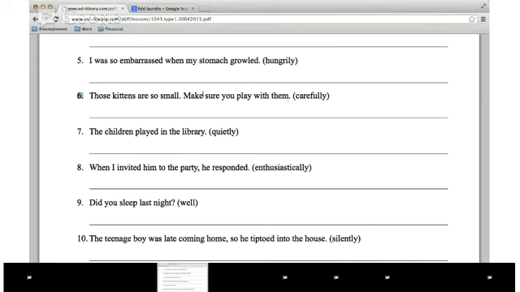Now you can also say, make sure you play with them carefully. So carefully can also go after them, the indirect object here. So make sure you play carefully with them, or make sure you play with them carefully. All right, very good. Let's go to number 7.